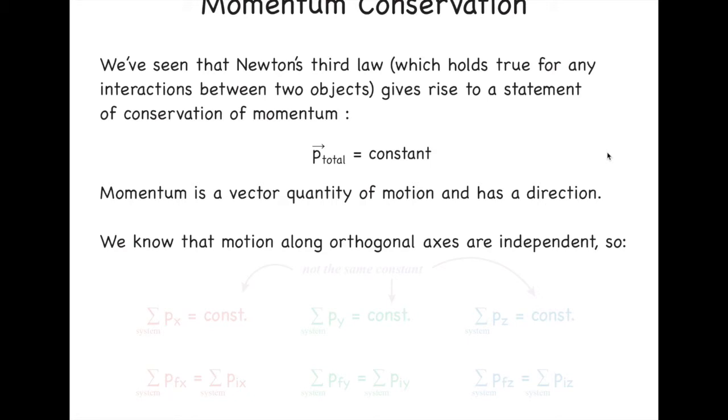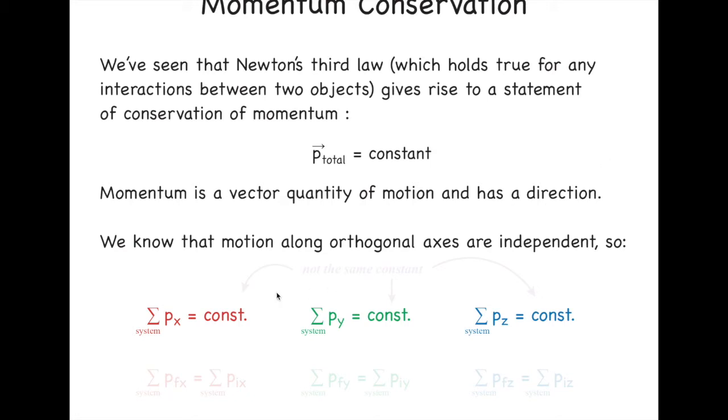So if we define a set of axes, an x-axis, a y-axis, a z-axis, that are perpendicular to each other, so that each axis points 90 degrees relative to the others, then we know that motion along one axis does not affect motion along the other. So if momentum is a vector quantity and momentum is conserved, then momentum along each axis also must be independently conserved.